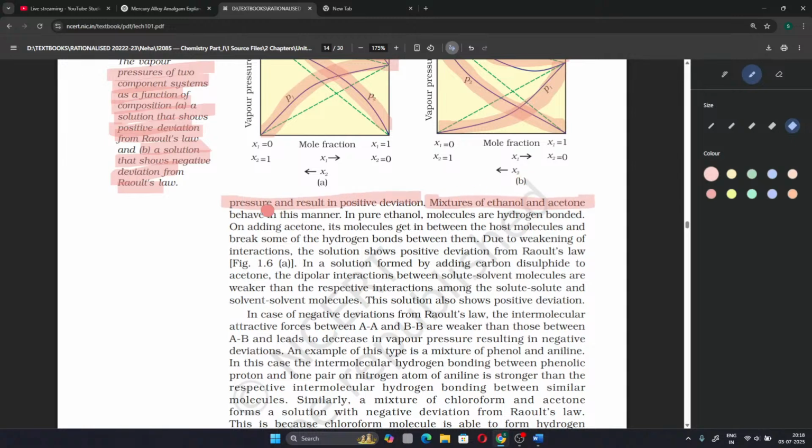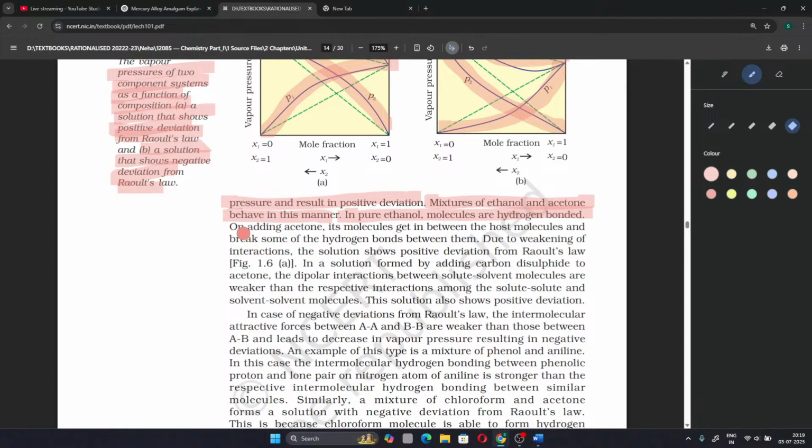Mixtures of ethanol and acetone behave in this manner. Ethanol and acetone are an example of non-ideal positive deviation solutions. In pure ethanol, molecules are hydrogen bonded, meaning strong attraction forces.